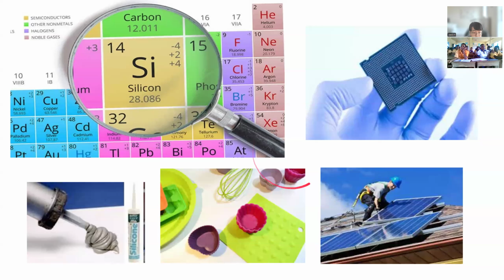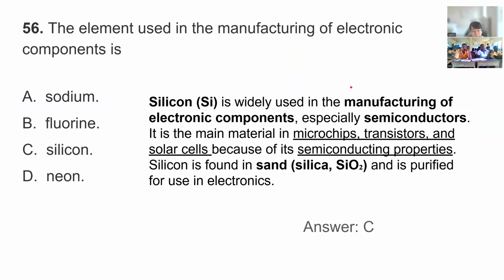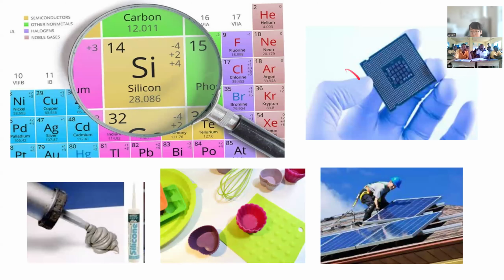Again, silicon is used in many parts of electronic components. It's used to make microchips and also part of the solar panel, and also some materials and maybe some parts of glue as well.